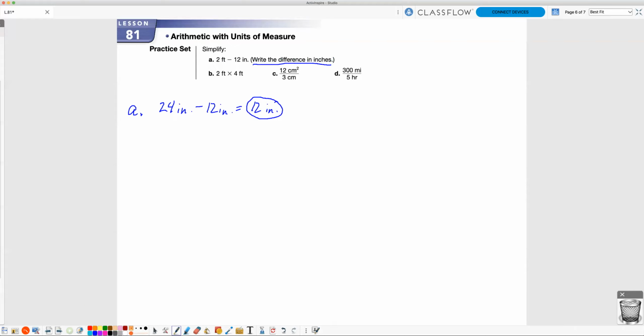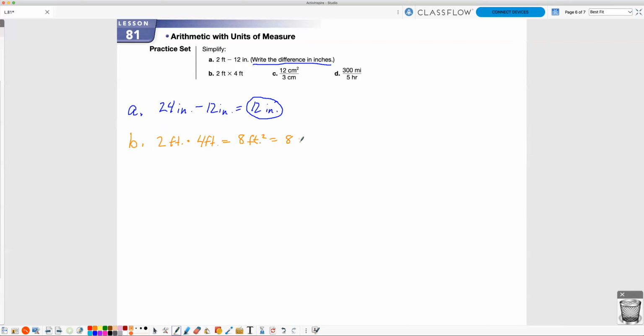All right, for letter B, it says 2 feet times 4 feet. So all I have to do is rewrite that problem, 2 feet times 4 feet. And I notice that 2 times 4 is 8, and feet times feet ends up being square feet.